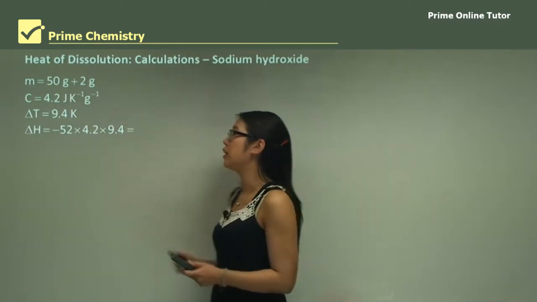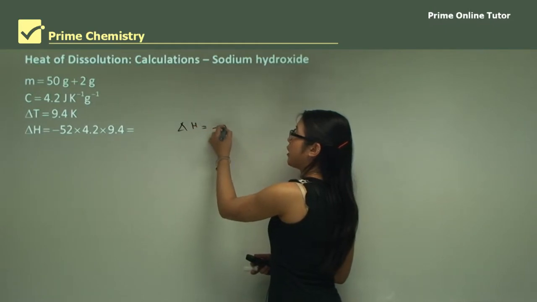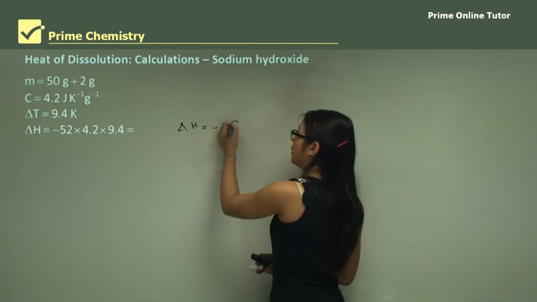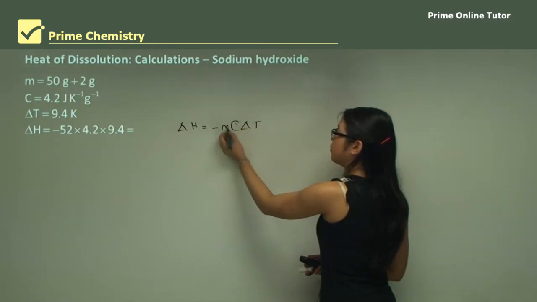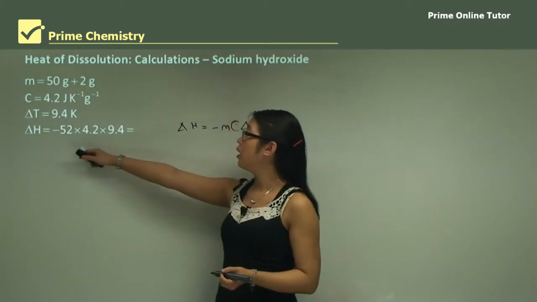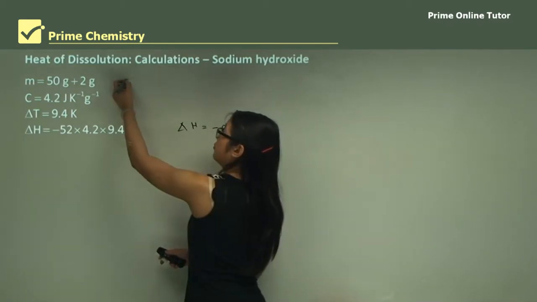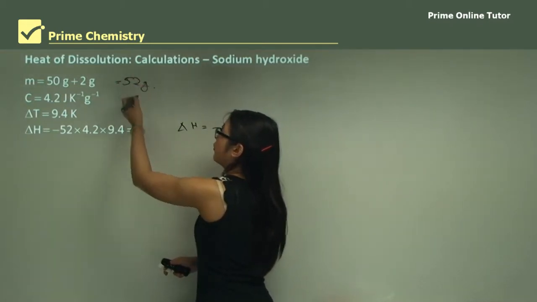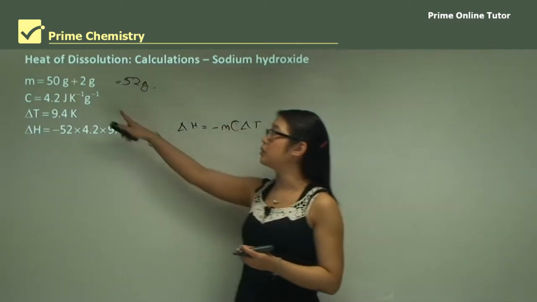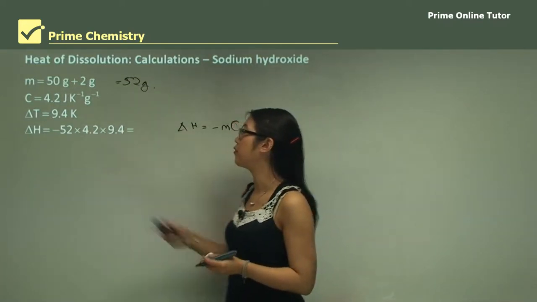Remember the equation is, do you remember the equation? Delta H equals minus mc delta T. So here we have H equals minus m, 52, times C, which is 4.2 there, times delta T, which is 9.4.